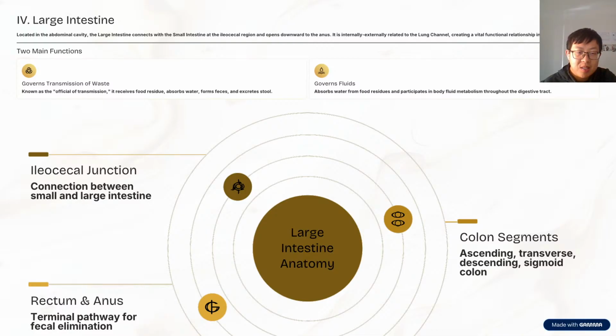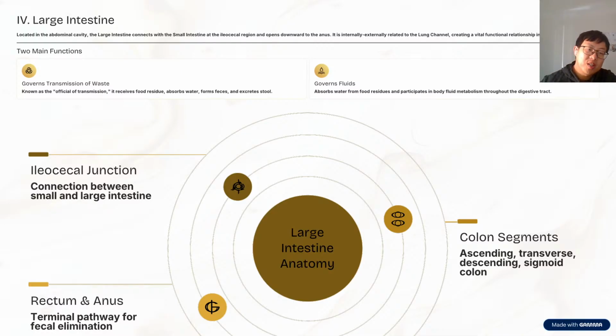If the large intestine's transformation function fails, constipation or diarrhea may occur. When damp heat accumulates, additional symptoms may appear, such as abdominal pain, tenesmus, or dysentery stools.